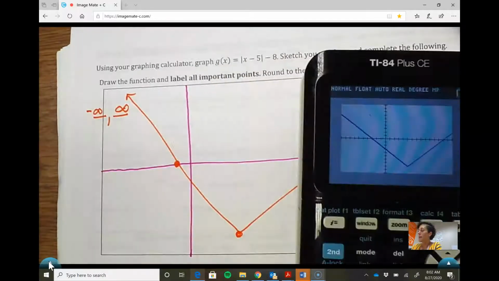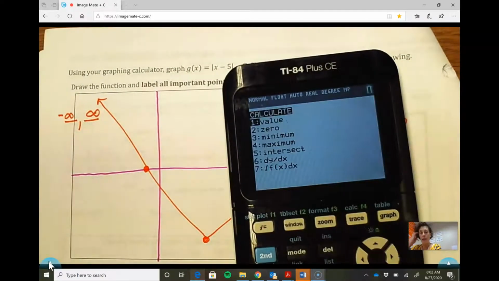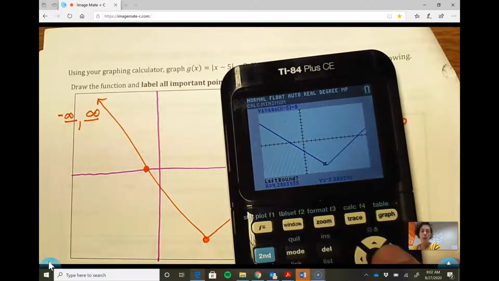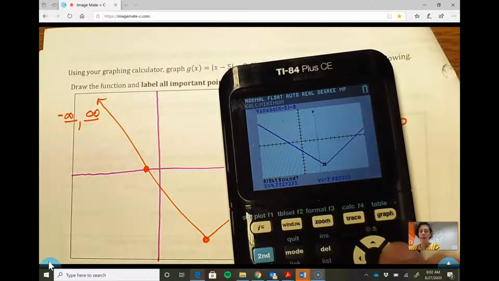What I'm going to do next is find my minimum point. So again, to do that, you press second trace. You're going to choose minimum, so you choose option 3. So I just press 3. And again, just a reminder, I always like to go to where I think it is first. And then when it says left bound, I arrow to the left, hit enter. And then I go back to where I think it is.